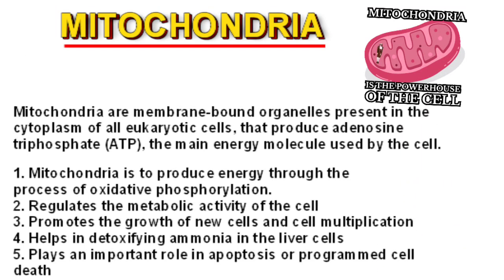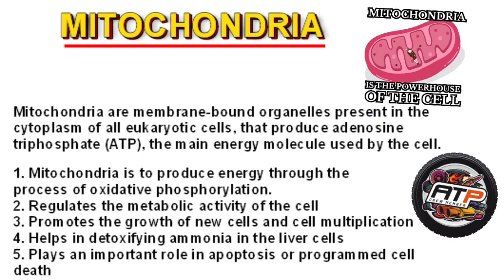The very next organelle that we study is mitochondria, also known as the powerhouse of the cell. The mitochondria is a membrane-bound organelle present inside the cytoplasm. It produces ATP, that is adenosine triphosphate, the energy currency molecule of the cell. So the first work of mitochondria is to produce energy through oxidative phosphorylation.